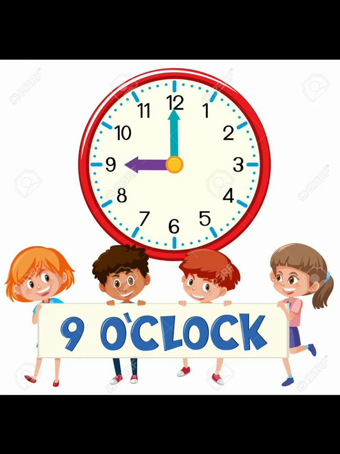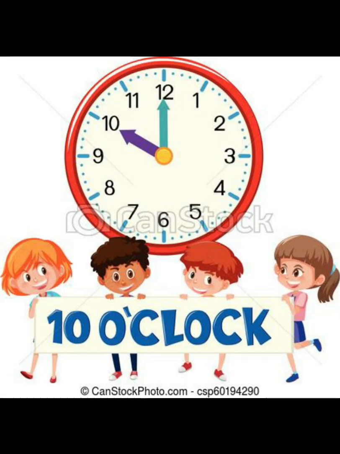Now look at this clock and see where the hands are. Yes, the short hand is on 9 and the long hand is on 12. So the time is 9 o'clock. Now see this clock.